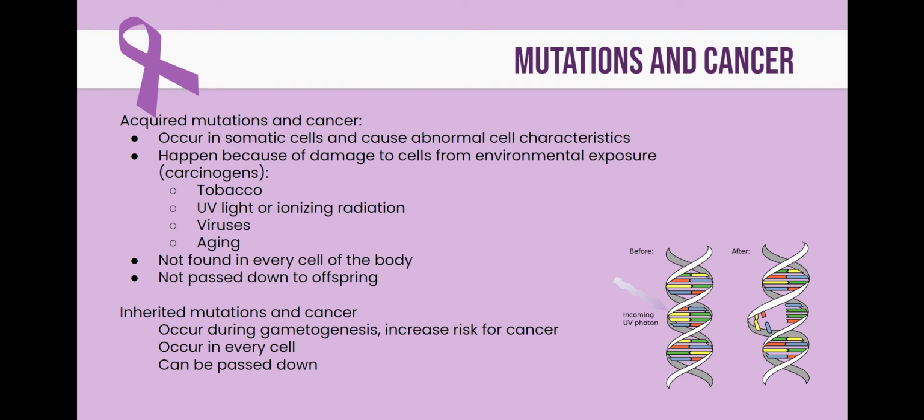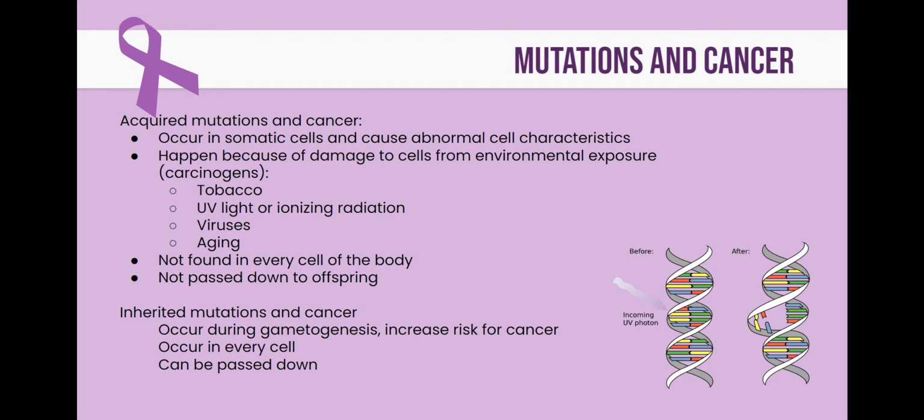These environmental agents are called carcinogens. So tobacco is a very notorious carcinogen, tobacco smoke and all of its byproducts. There are many chemicals in cigarette smoke that induce changes at the cellular level. They damage that DNA. UV light, so sunlight, we know, causes changes in the DNA.